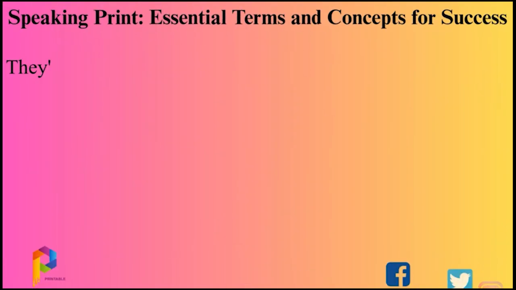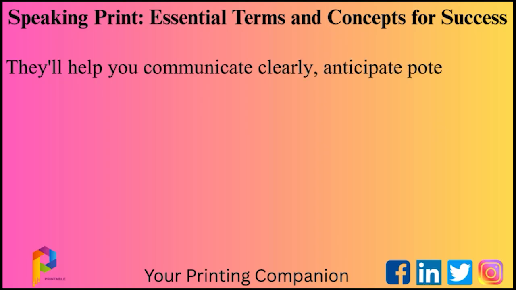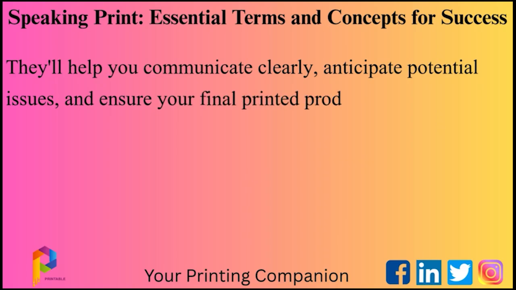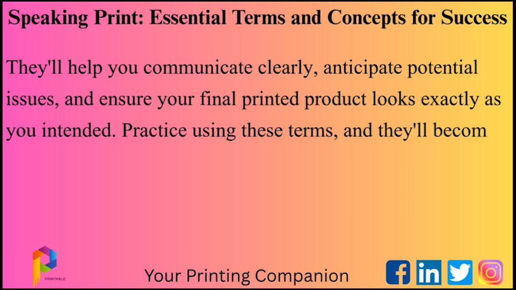They will help you communicate clearly, anticipate potential issues, and ensure your final printed product looks exactly as you intended. Practice using these terms and they will become second nature. Next, we will explore how to set up your design file correctly.